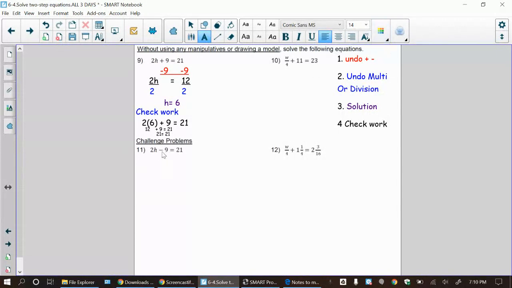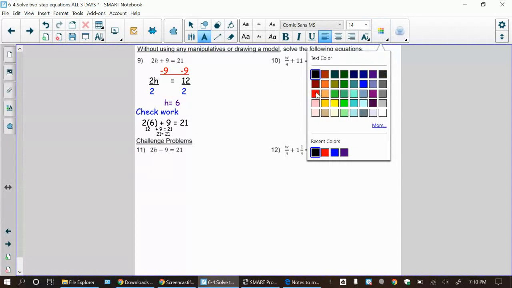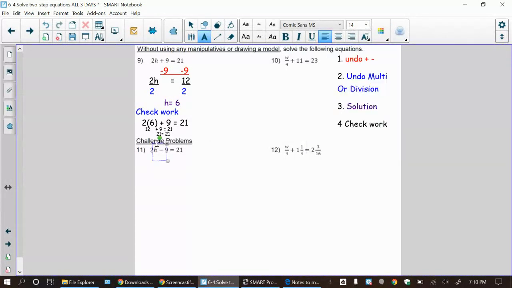So our challenge problem, your first step was to add 9. So we know what is the inverse of subtraction? Addition. Okay. So then that means we have left just 2h equals 30.